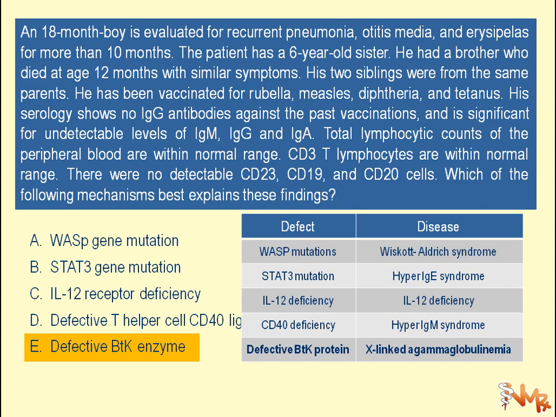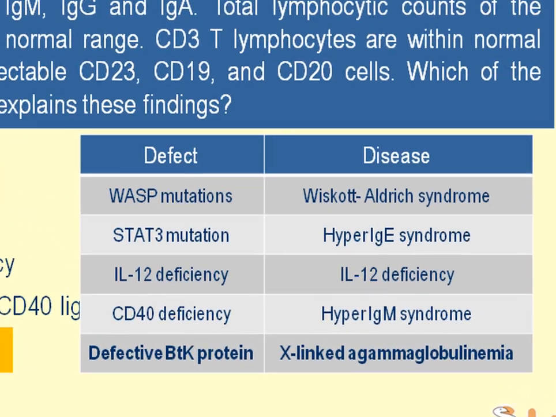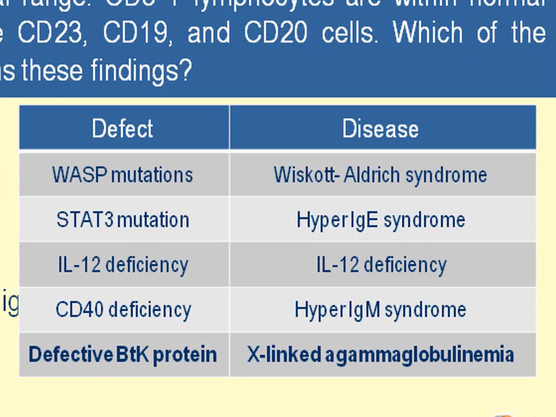To orient you and give you a high yield chart in the table, on the left side column, I'm showing the mechanism and I'm showing the name of the associated disease, and we're going to cover all of them for you in this segment. Now, the WASP gene mutation is associated with Wiskott-Aldrich syndrome. We're going to cover this syndrome also in hematology.